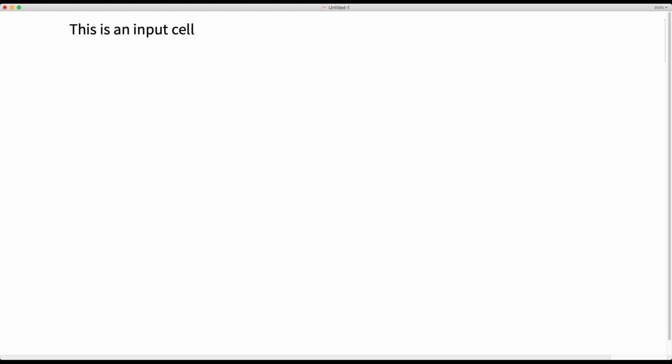You can always select a cell by clicking its little bracket thing over there, and if you right-click, then you can go to Style, and then there's a whole bunch of lists. So the default one, of course, will be input, right? But there's a whole lot of other ones that you can do, like you can put in code, you can have title, subtitle, chapter, and things like that.